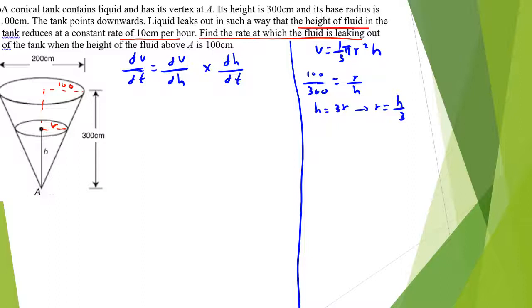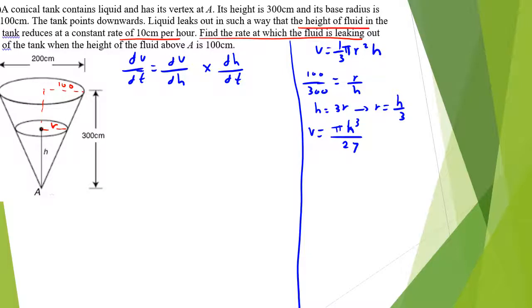Now substitute that back into the volume equation. I get pi times h squared times this h, so it's h to the power of 3 over 3, and 3 squared is 9, so it's over 27. This is the one I can differentiate.